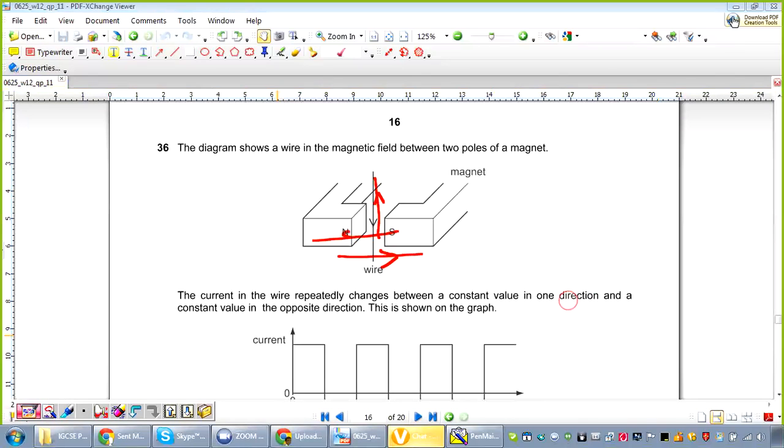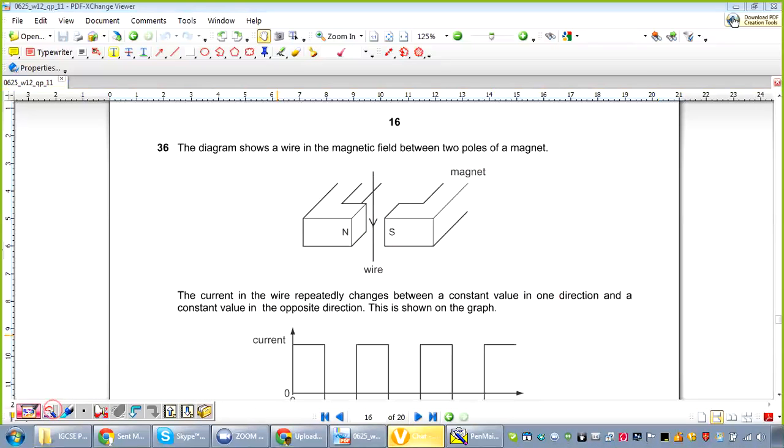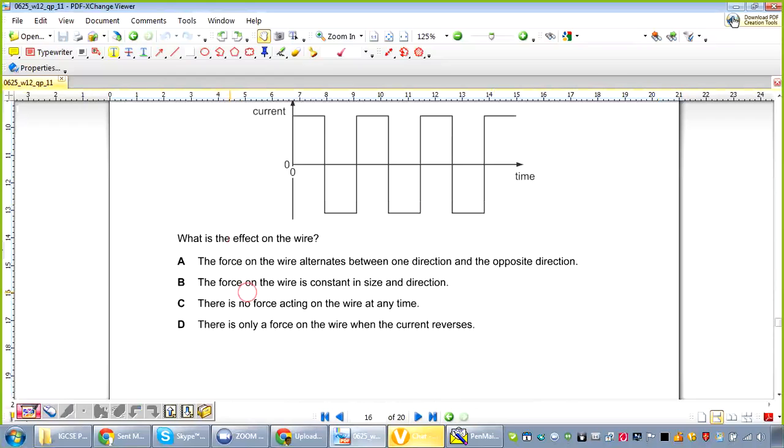They've said here that the current is continuously changing its direction. So at one instant it will be pushed here, at another instant it will be pushed here. So here the option is going to be A.